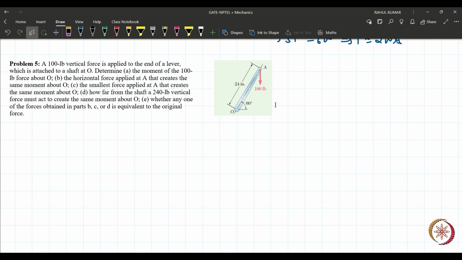The answer is 1200, the first one is 1200. $57.75, yes, it's correct.